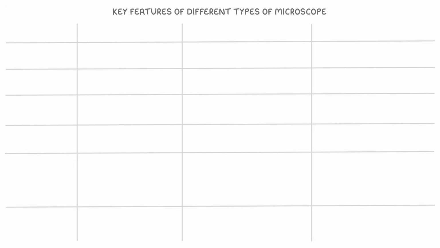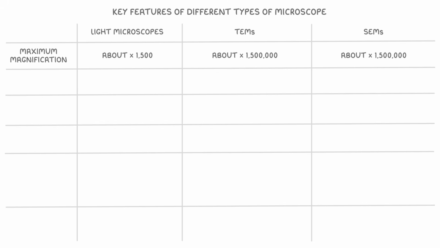Finally then, let's compare the key features of the different types of microscope we've learned about: light microscopes, TEMs, and SEMs. Starting with their maximum magnification, light microscopes can magnify things up to about 1,500 times. By comparison, both types of electron microscopes can magnify things a lot more, up to about 1,500,000 times.